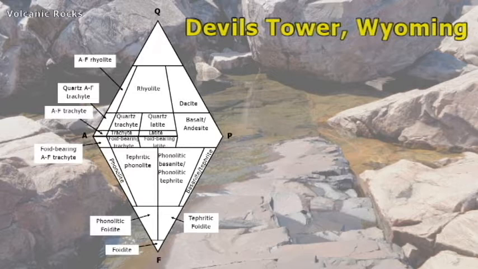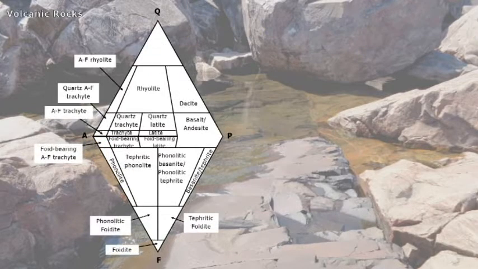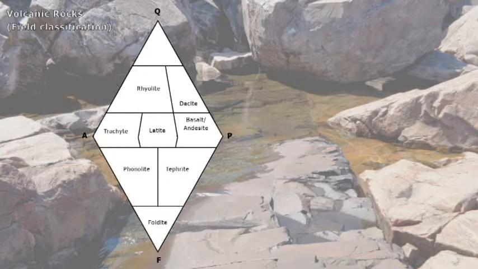But it plots as a trachyte. There is some quartz in it, not very much, and sometimes there isn't. So at Devil's Tower, if you classify it volcanically, you're going to do a trachyte, a quartz-bearing trachyte, or a tephritic phonolite. Or if you use plutonic, it's going to be a syenite or a quartz-bearing syenite, or a quartz monzosyenite. It's really up to you how you want to classify it.